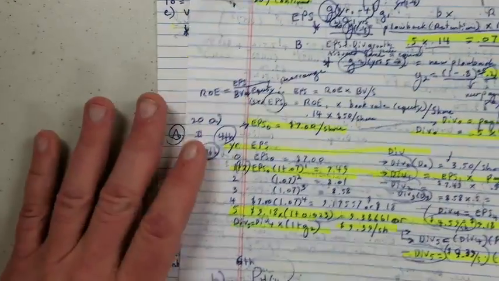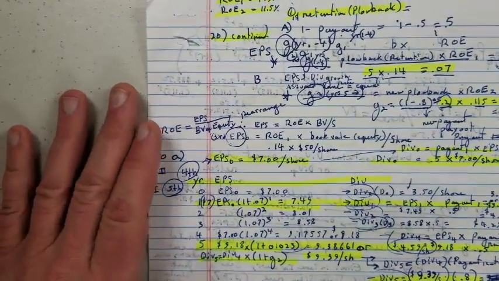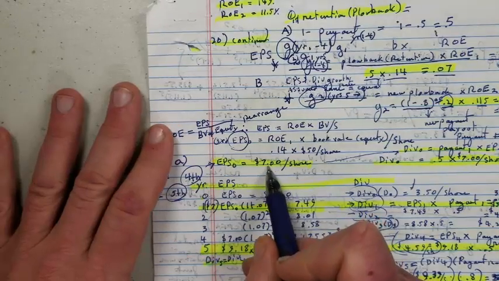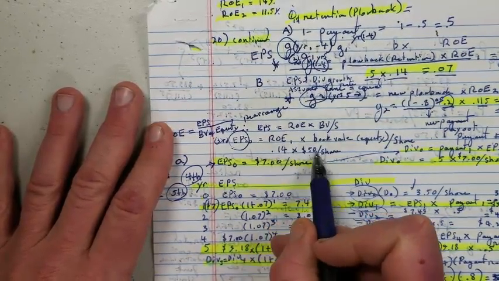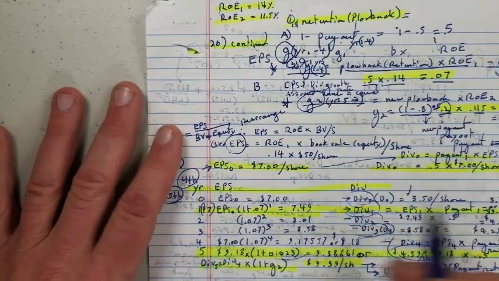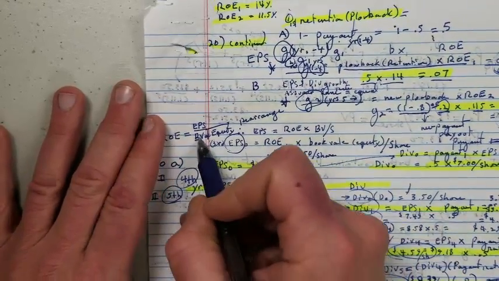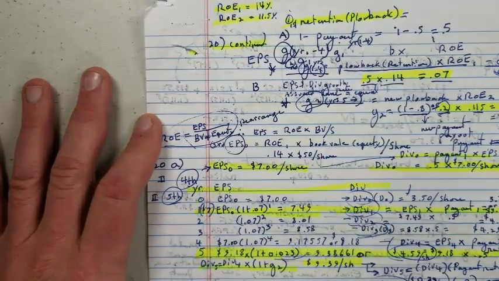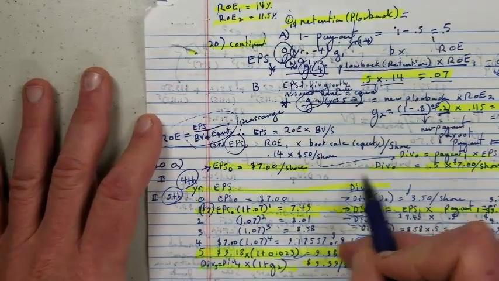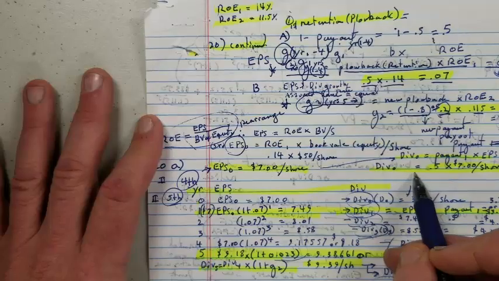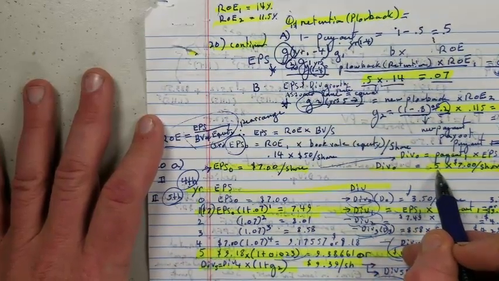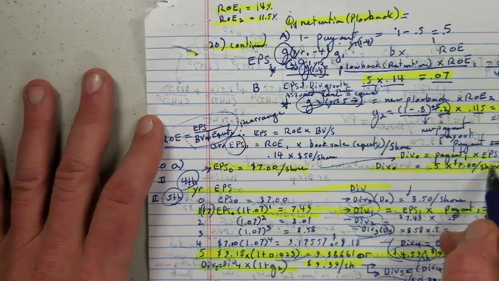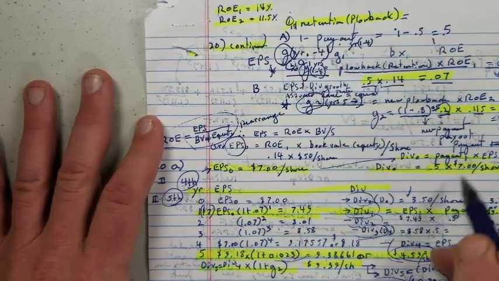Obviously, I'm going to solve for the EPS 0 first, and that's what I highlighted. That ends up being 0.14 times $50 per share, which is $7.00. I rearranged that ratio right here. That allows me to get the dividend, which is basically the payout ratio times the earnings per share, and I can use that on each of my dividends.